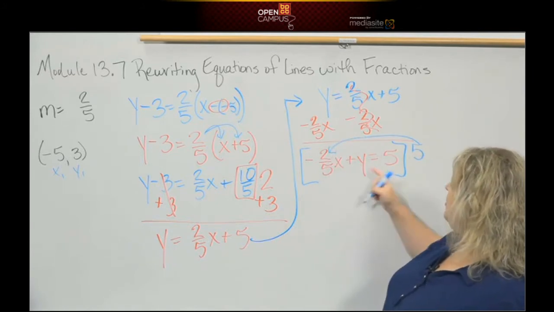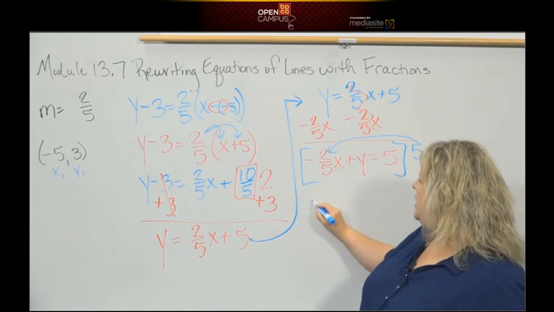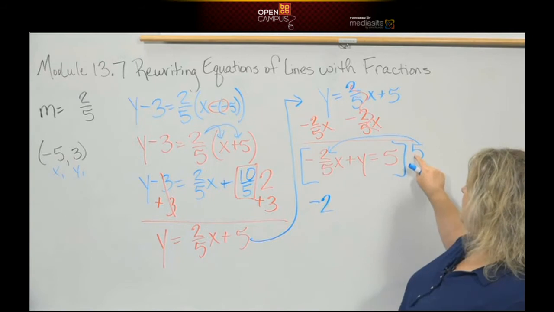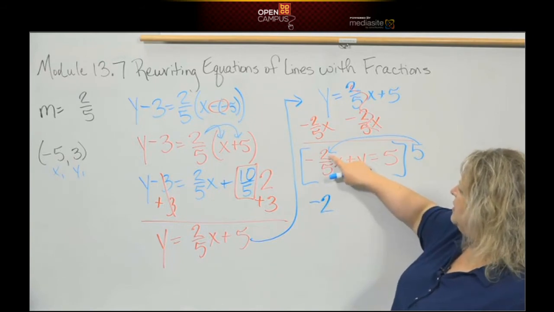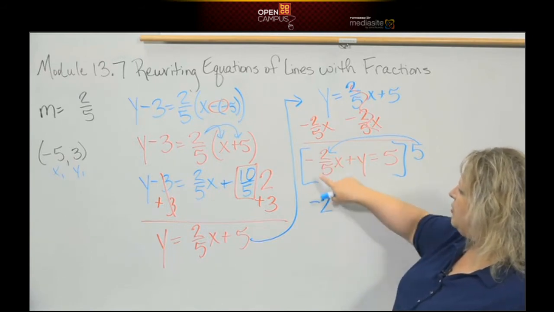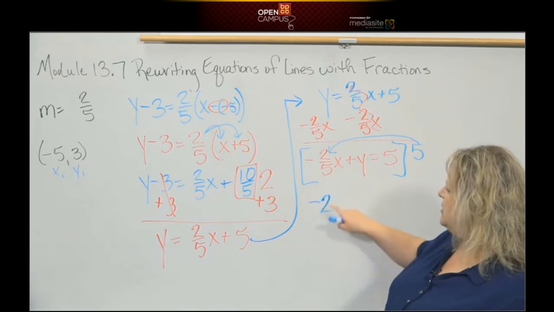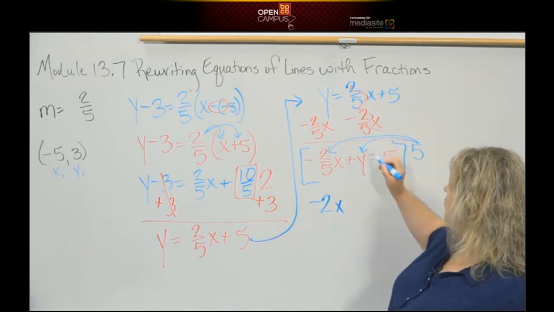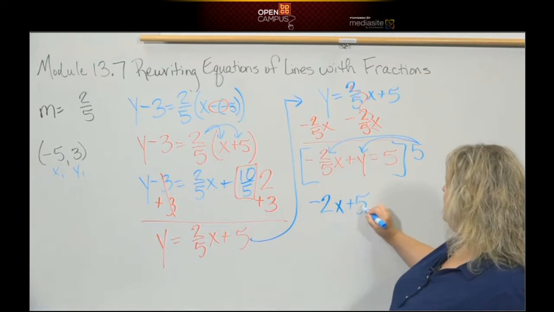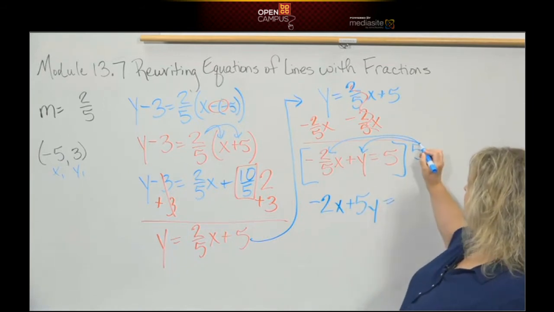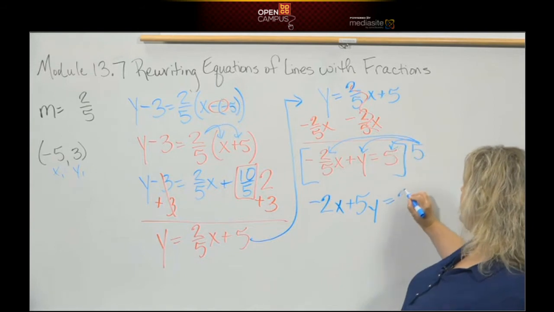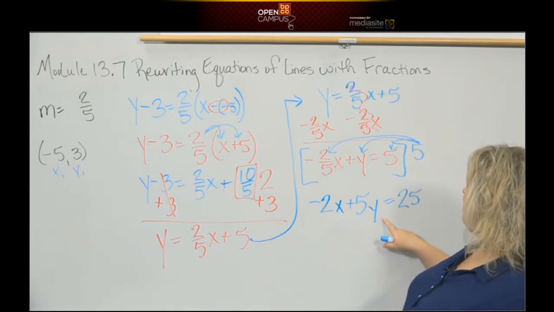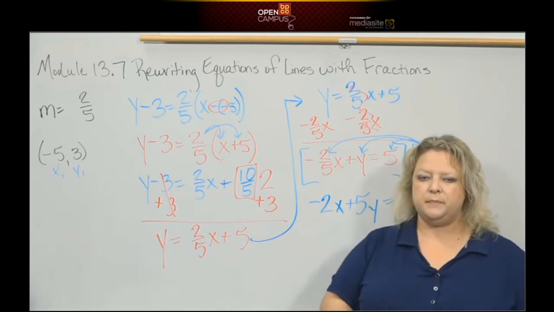And when 5 gets multiplied to this, I get -2, right? Because 5 times 2 is 10. 10 divided by 5 is 2. And I did not get rid of the negative this time. Bring the x down. 5 times 1y is 5y. And that's equal to 5 times 5 is 25. So I have -2x plus 5y is equal to 25.